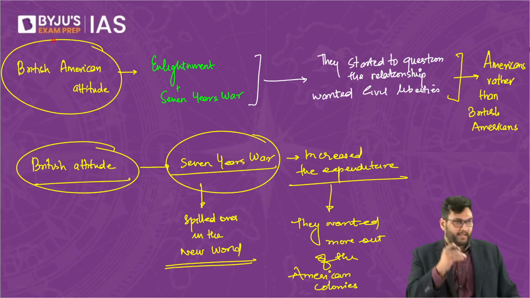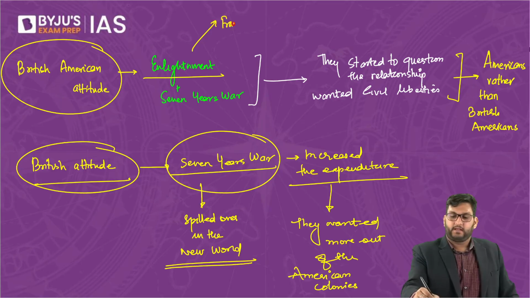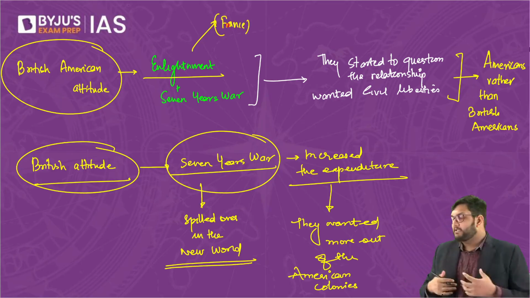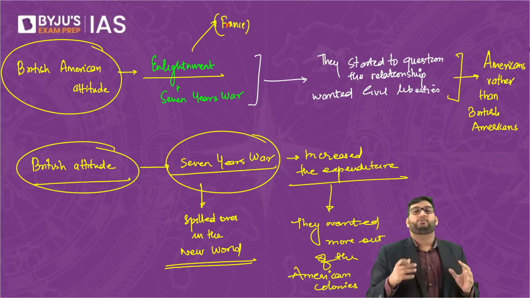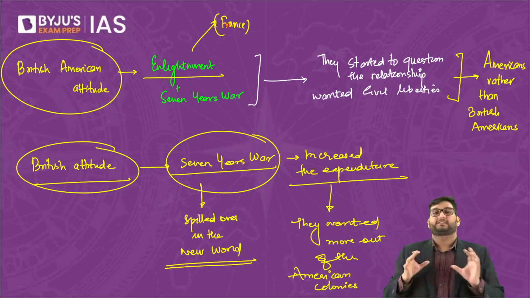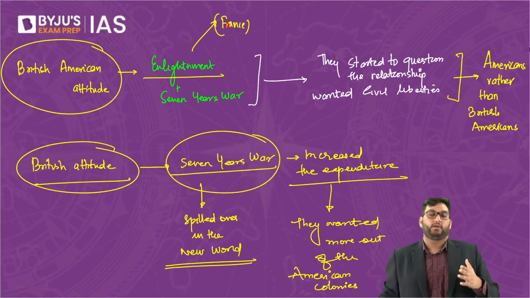The Enlightenment started in France. In France, there were philosophers who, out of frustration with absolutist monarchy, started to talk about the concept of democracy, social contract, civil liberties, separation of powers, and so on.